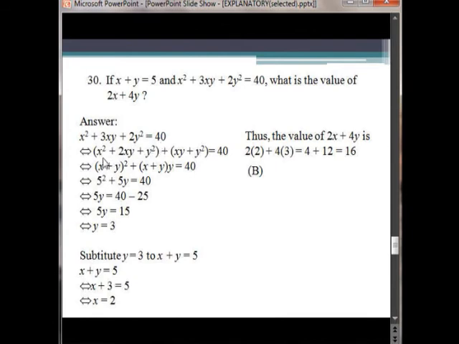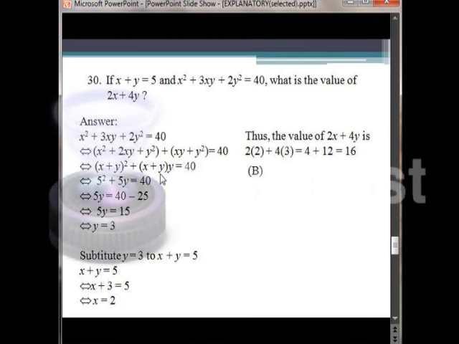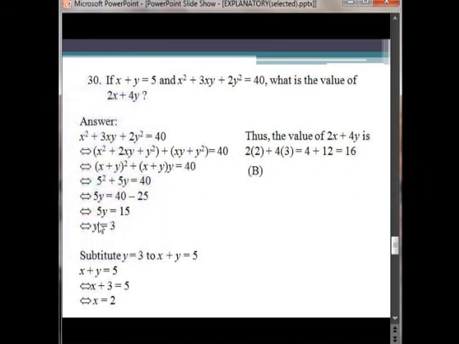Since x squared plus 2xy plus y squared plus the quantity xy plus y squared equals 40, (x plus y) raised to the power of 2 plus y times (x plus y) equals 40. So that's why 5 squared plus 5y equals 40. 5y equals 40 minus 25. So 40 minus 25 is 15. That's why there you have y equals 3.